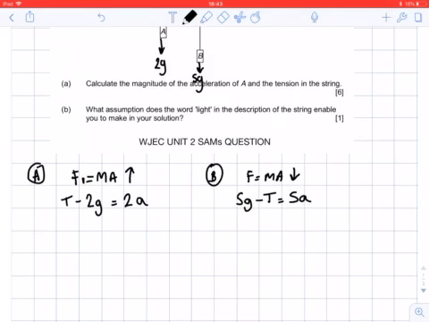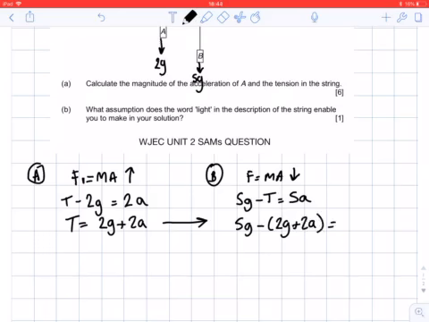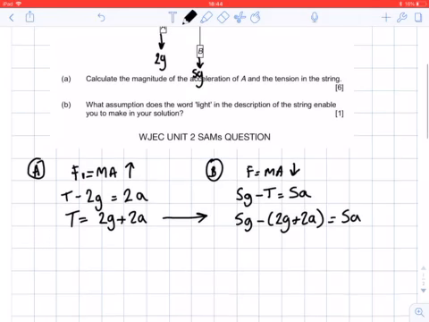Again, we can do our usual rearrangements on the left and we get T is equal to 2g plus 2a, and that can be directly substituted straight into the second equation. So we end up with 5g minus (2g plus 2a) is equal to 5a. So 5g minus 2g minus 2a is equal to 5a.